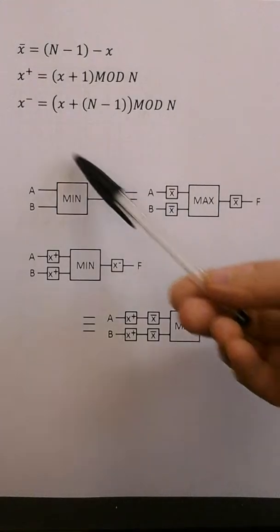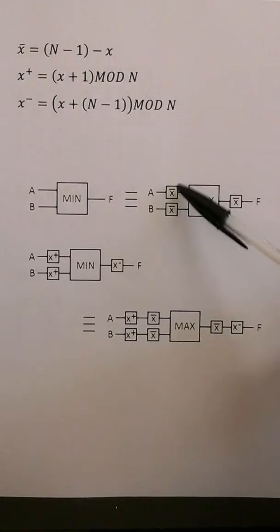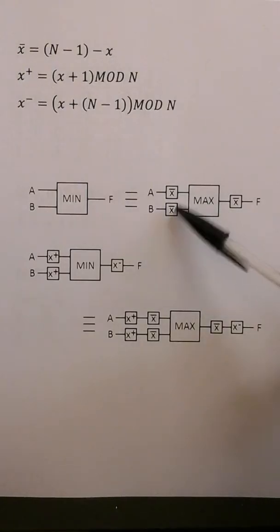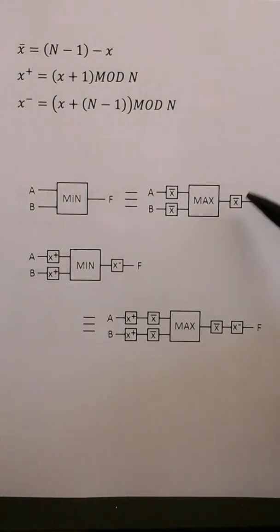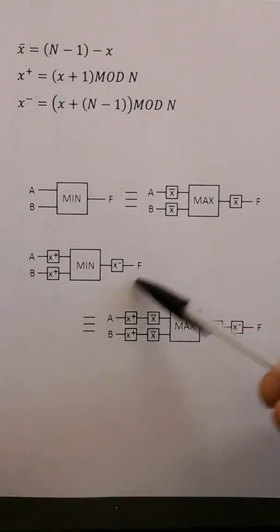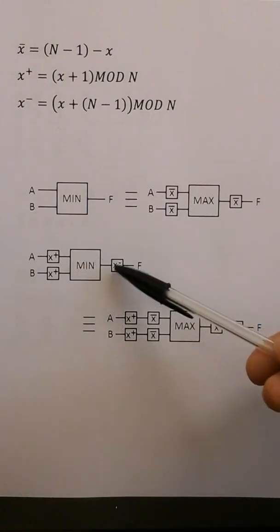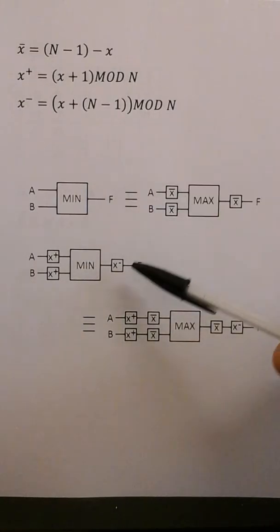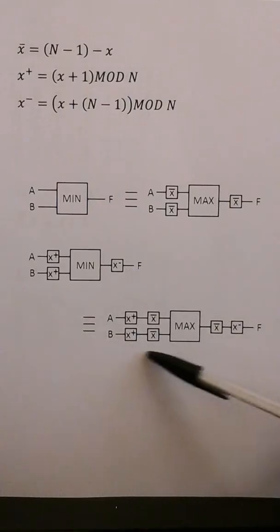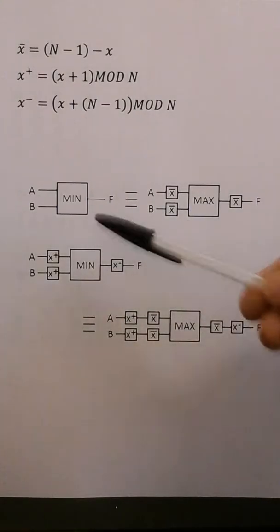So here we have the minimum function, and that's equivalent to not A, max not B, with the output complemented. So if this is equivalent to that, if there's any complementation present on the input of the minimum function before you apply DeMorgan's theorem, then this has to be substituted into here from there.